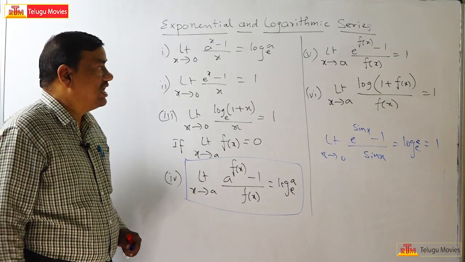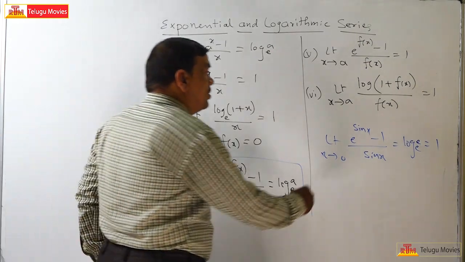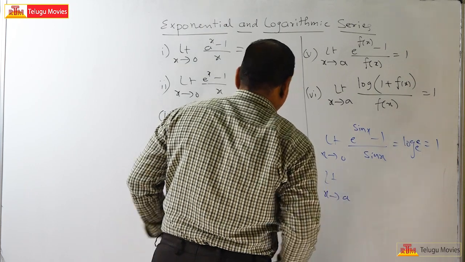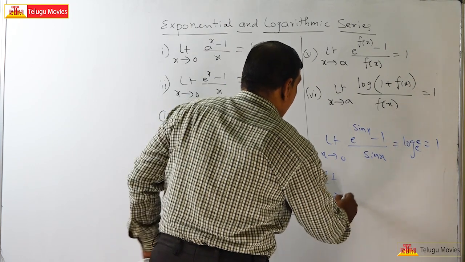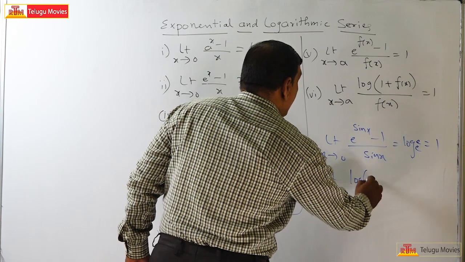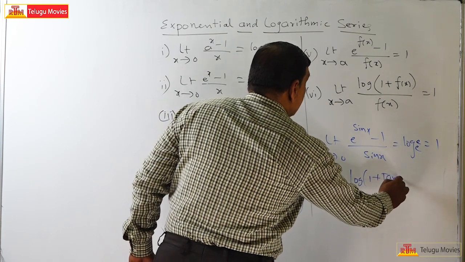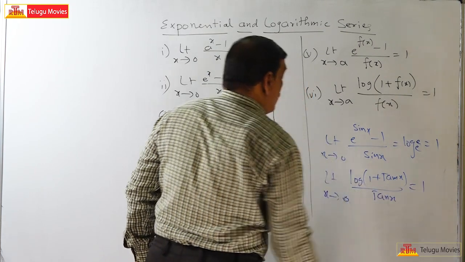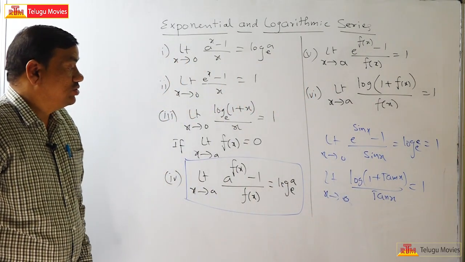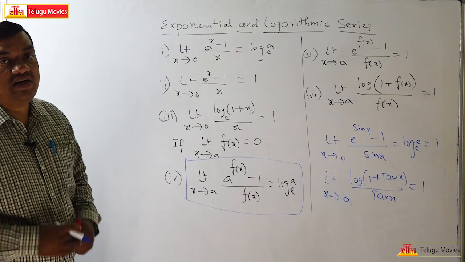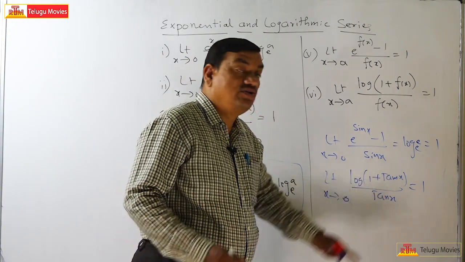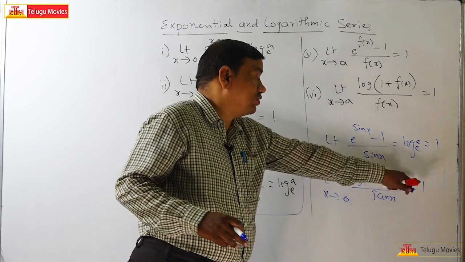For example, limit x tends to 0, log(1 + tan x)/tan x, this value is also 1. Why? Because limit x tends to 0, tan x value is equal to 0. Here also 0, that's why 1.